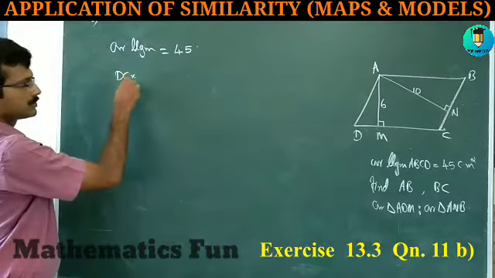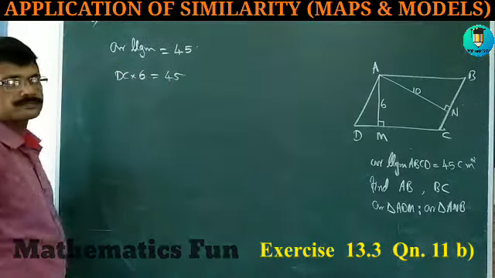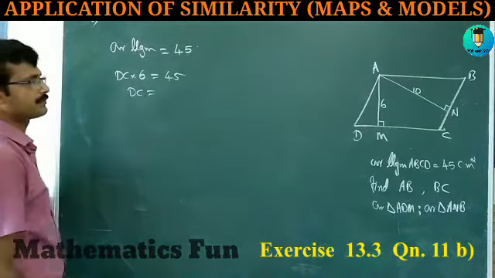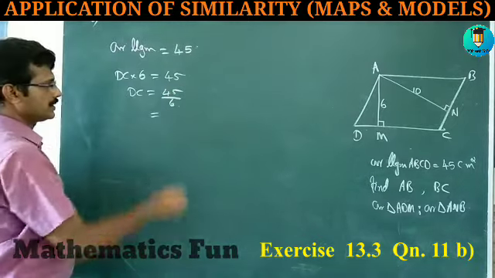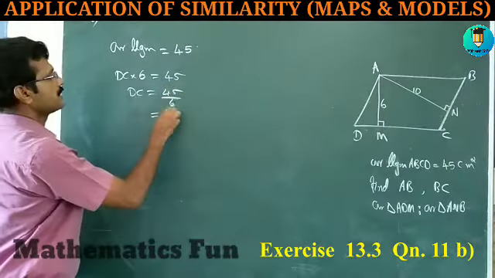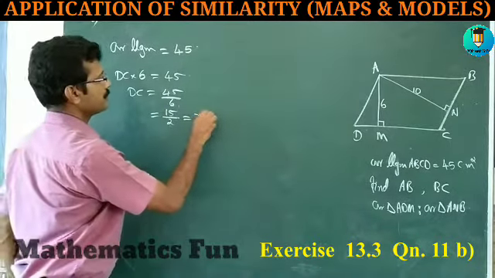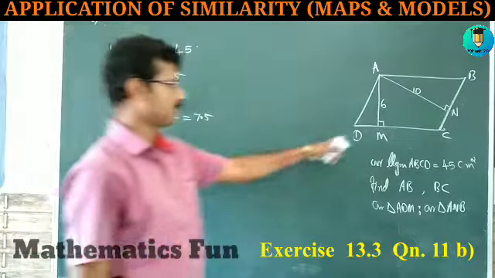Then DC into AM, which is 6, is equal to 45. From this DC is equal to 45 by 6. You can simplify with 3. 3 will go 15 times here and 3 will go 2 here. So ultimately it is 7.5.